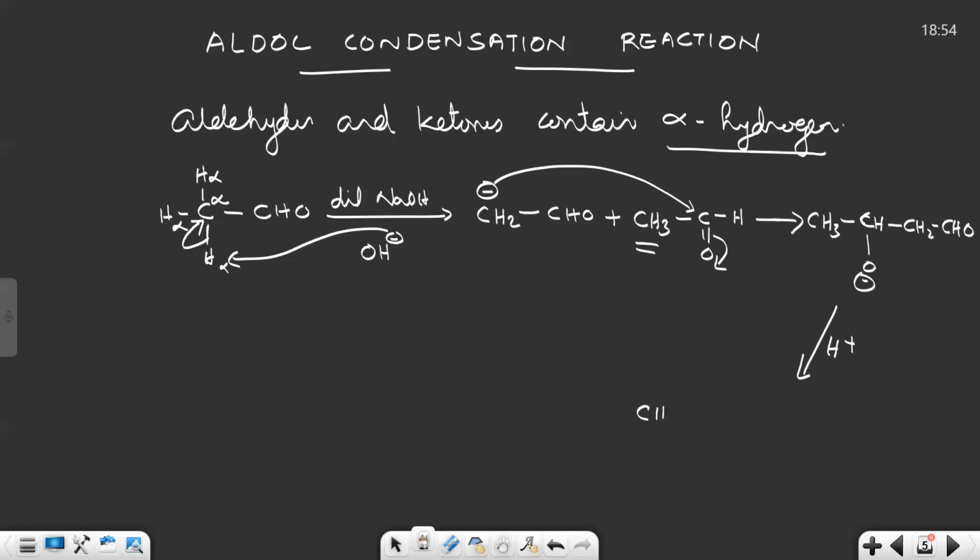Then you will get CH3, CH, OH, CH2, CHO. Here this one is the alpha carbon and this one is the beta carbon, and we now have a beta hydroxy aldehyde, or aldol. ALD indicates the presence of aldehyde and OL indicates the presence of OH. So it's a beta hydroxy aldehyde.